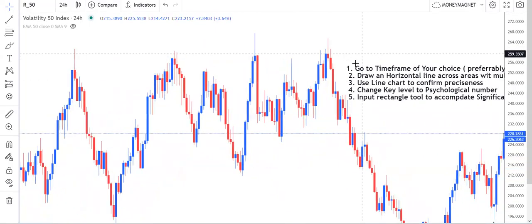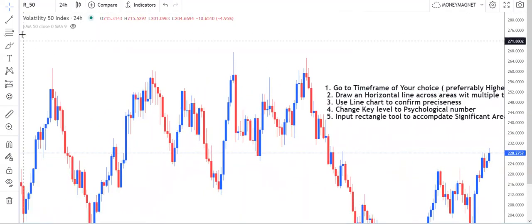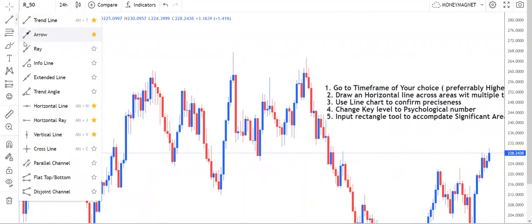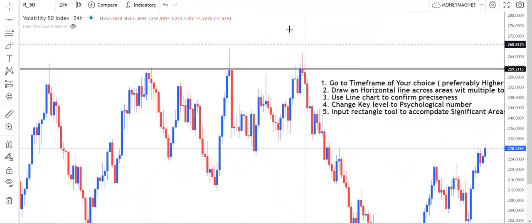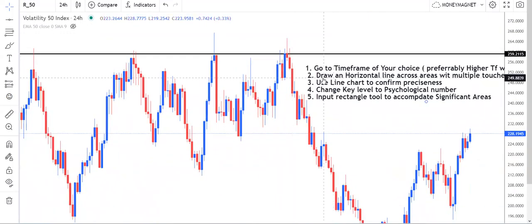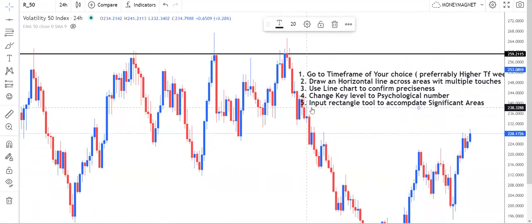So we would bring in a horizontal line, a cut across every one of these levels. Like the number 2 on the list says, draw an horizontal line across areas with multiple touches.